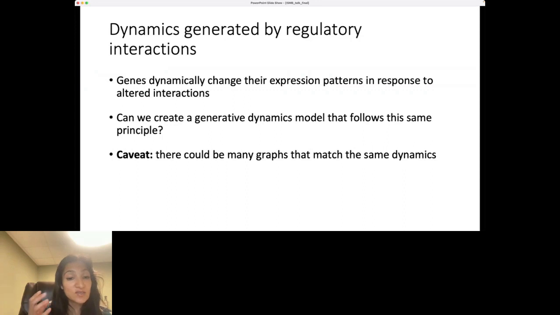Of course, this is sort of an inverse problem. There could be many graphs that could match the same dynamics. So one thing we do is we have a very good prior educated guess. And you could even use the Granger causality technique that I just mentioned as a prior guess, but you'd refine it by getting that network to predict in a time-varying fashion the gene dynamics of the cell.